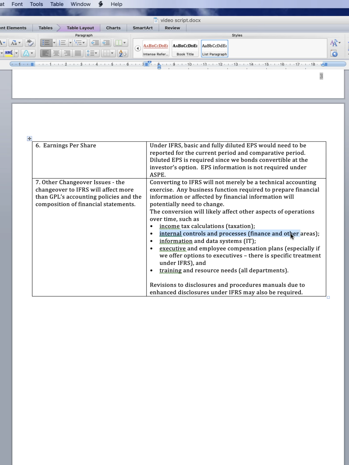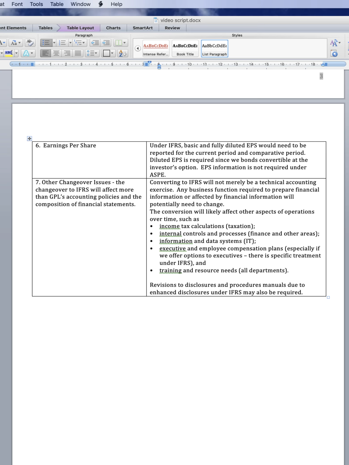Internal controls as well. How are we testing for impairment? What are the trigger points for us to know? Under ASPE, we have them, but when we're looking to assess impairment, what are we looking at? Are there controls in place to help us assess impairment under IFRS? And even look at executive and employee compensation plans, because if you decide to offer options to your executives, there's specific treatment for those things under IFRS.